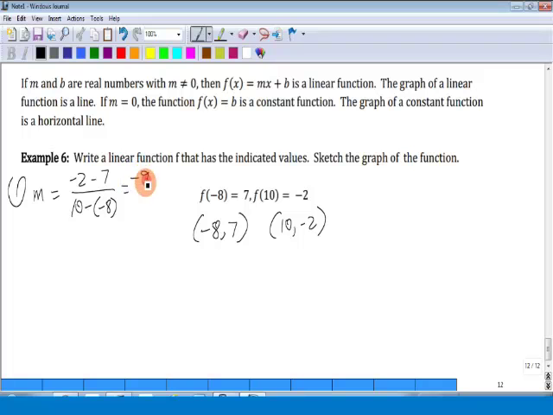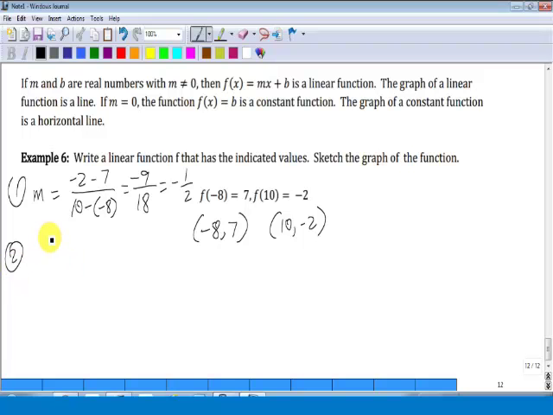Looks like -9 over 18, or -1/2. -1/2 for the slope.